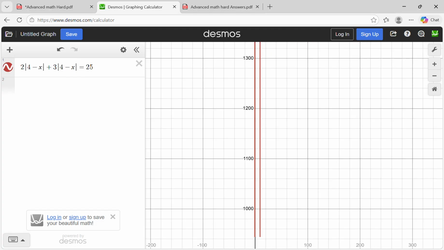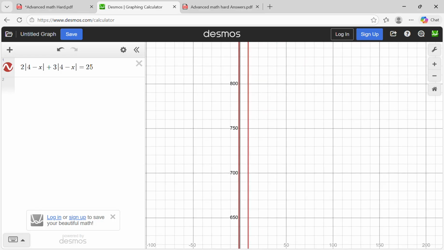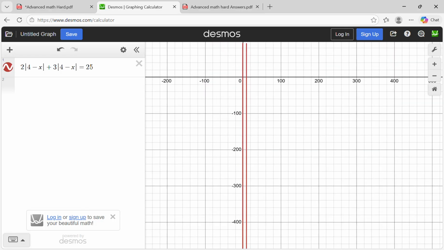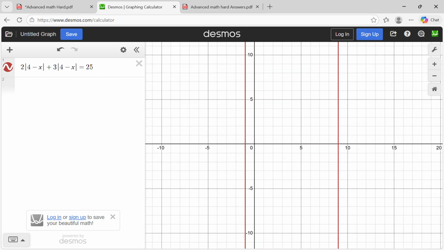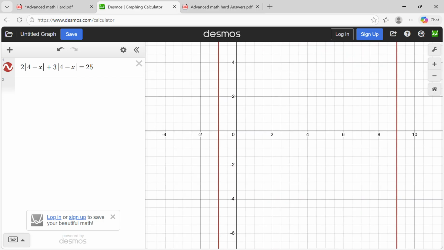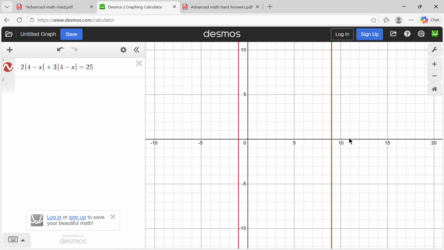So you can see here, these are the two possible solutions. It's 9 basically.